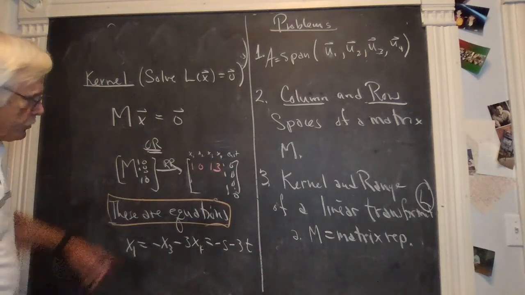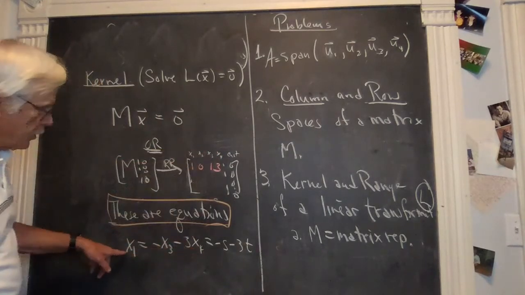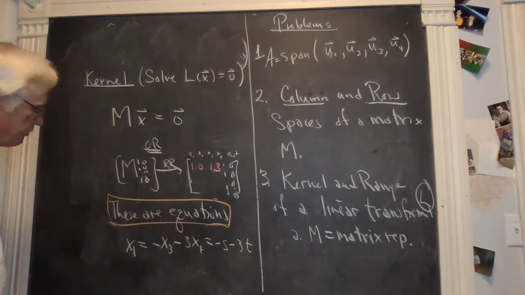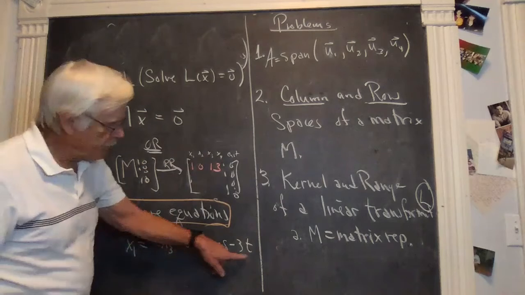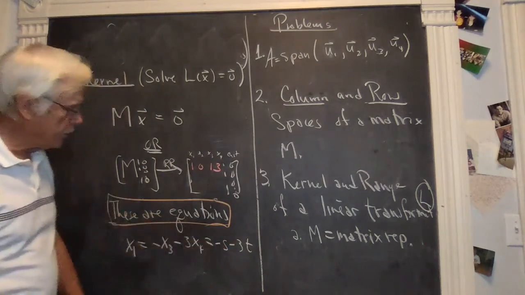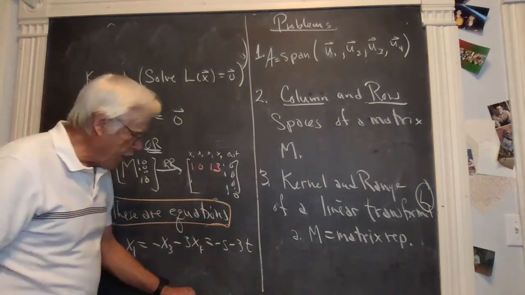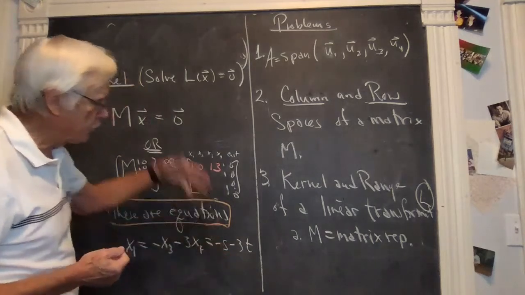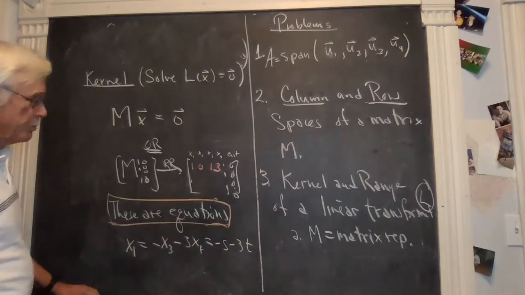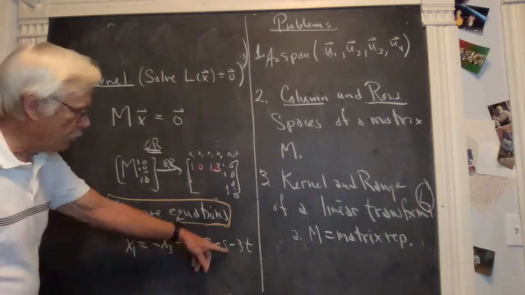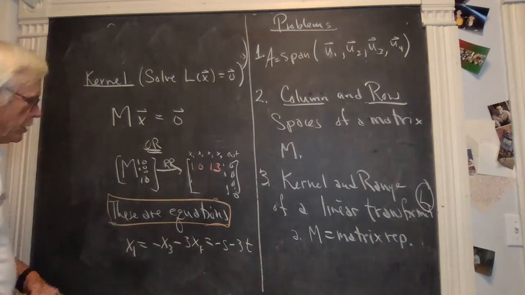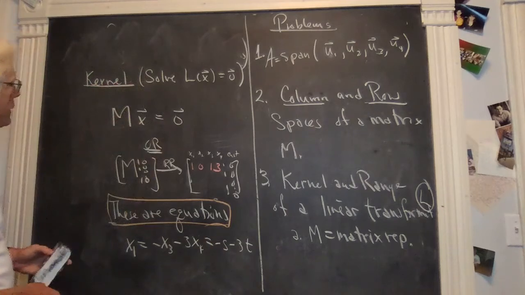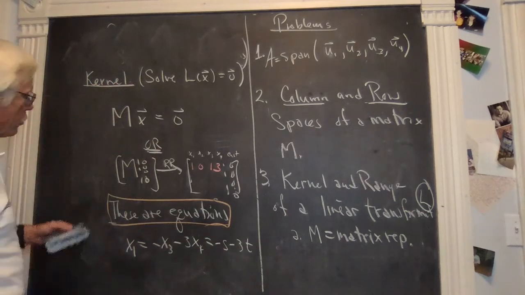So x1 is minus s minus 3t. And then the fact that you have 2 free variables here is going to tell you that the kernel will be 2-dimensional. The number of free variables will give you the dimension of the kernel. And you have to do a little arithmetic to find what the basis of the kernel is, but that's what we did last time. So this is the idea of the kernel.